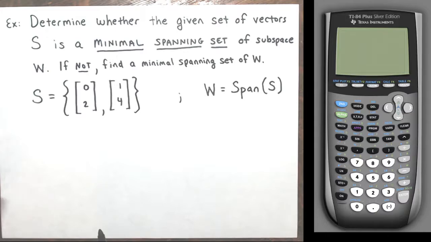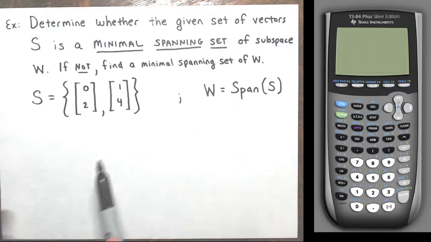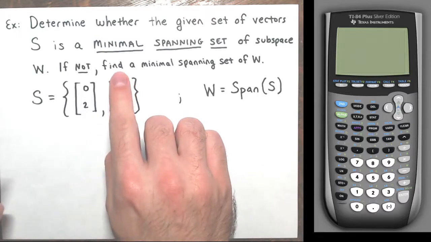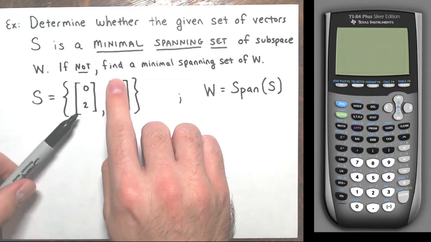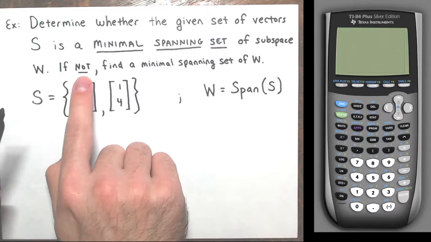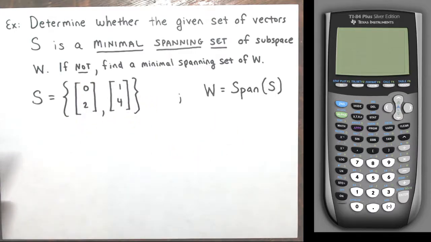The question is, is S a minimal spanning set of W? Or is there a smaller set? Could I remove this vector and say just the set with (0, 2) spans W? Or could I remove this vector and say just the set with (1, 4) spans W?